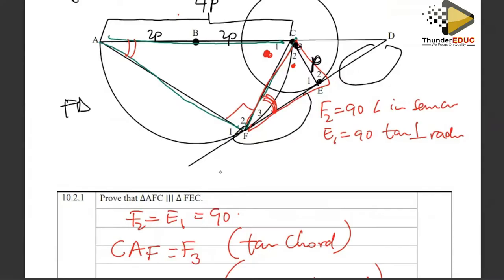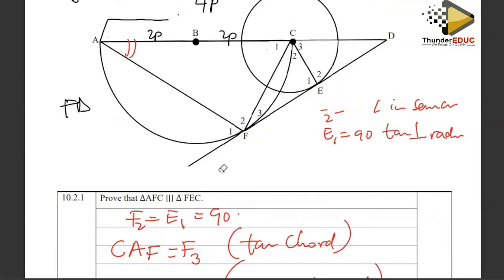Now, what we just calculated was the FC. Let me just erase this out. Okay, so we say that our FC is twice P. We have this radius as a P, and we say this is a 90, meaning that we can use our theorem of Pythagoras to find FE first.